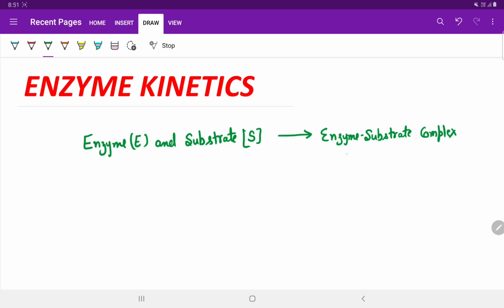So this is unstable in nature. And this leads to formation of product, and enzyme is recovered from the reaction.